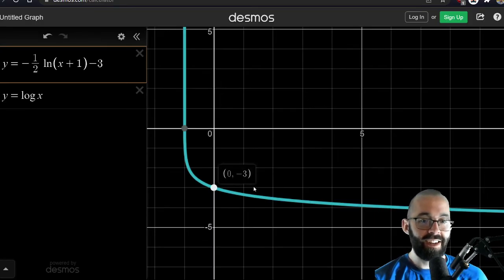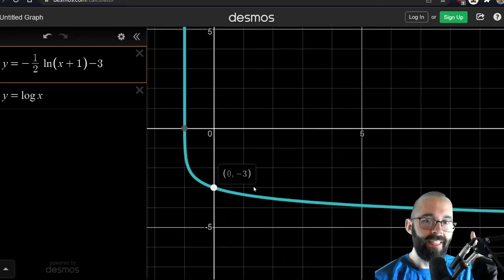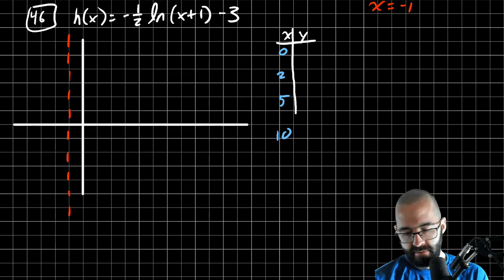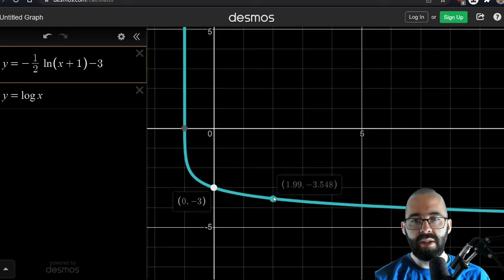Oh, I said there's not going to be nice points when we have natural log. There will always be one nice point. All right, this one is at 0, -3. Yep, 0, -3. Going to be right here. When x is 2, let's find an approximation.